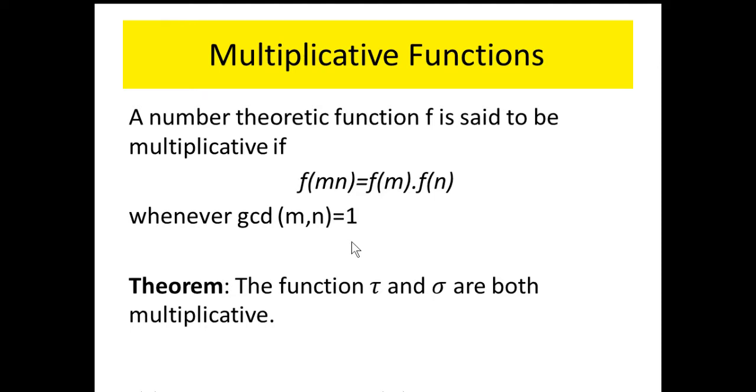If this holds, then we say that f is a multiplicative function. The functions which we have seen just now, tau and sigma, both are multiplicative. Whenever you want to prove that a function is multiplicative, you just show this thing, f of mn is equal to f m into f n, where m and n are relatively prime.